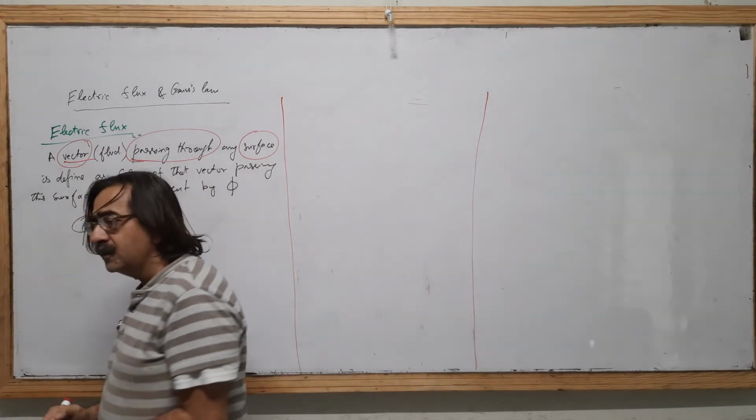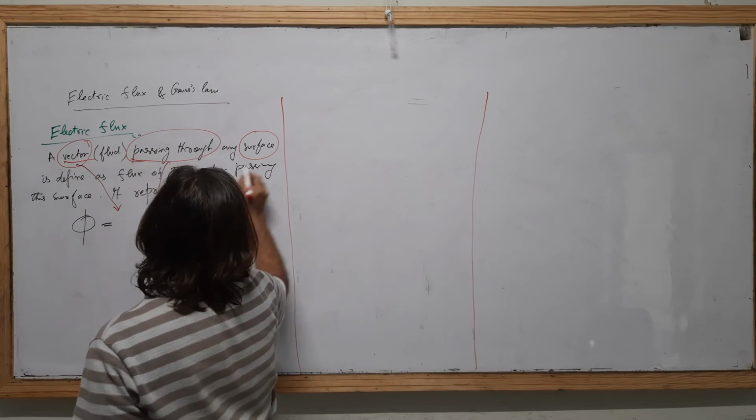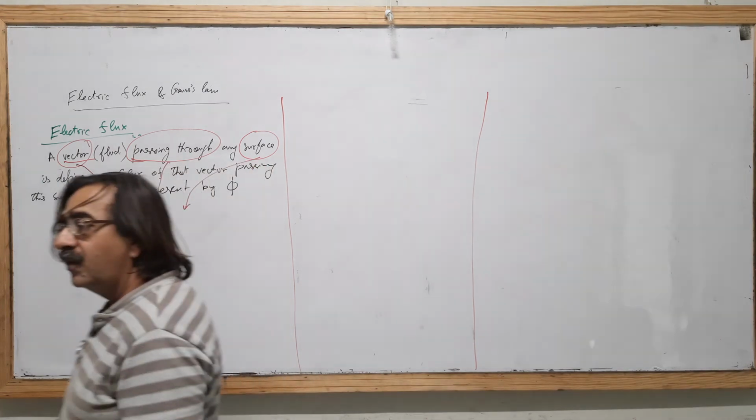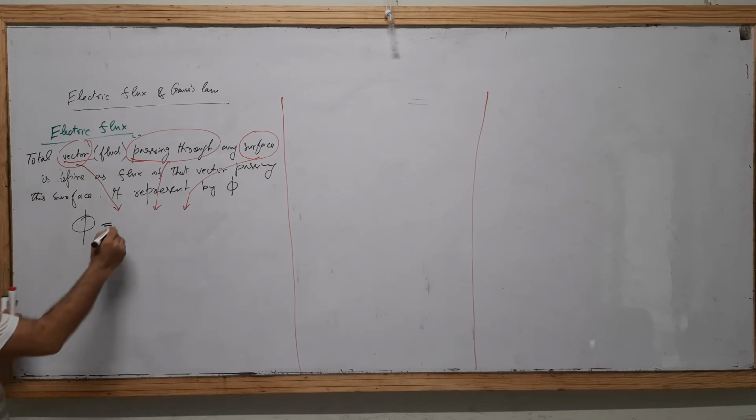These are the three things: vector, passing, and surface. The vector will be represented by V. Actually the field must be a total. So the vector is represented by V.